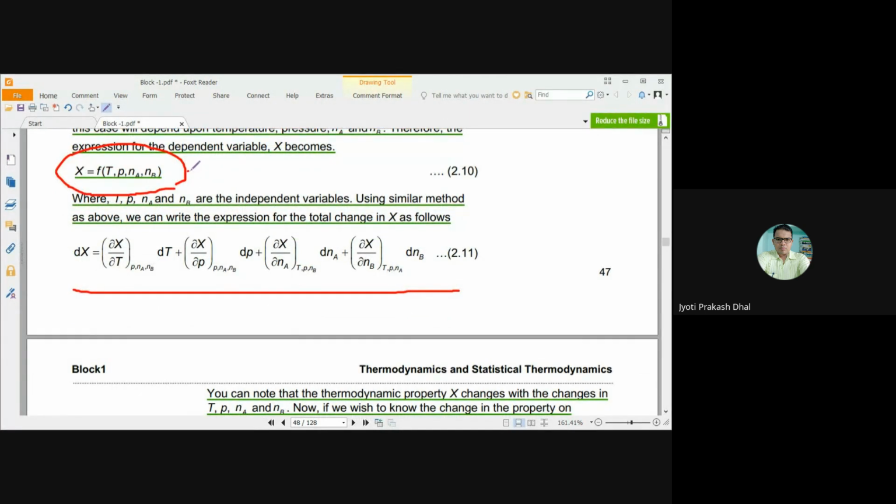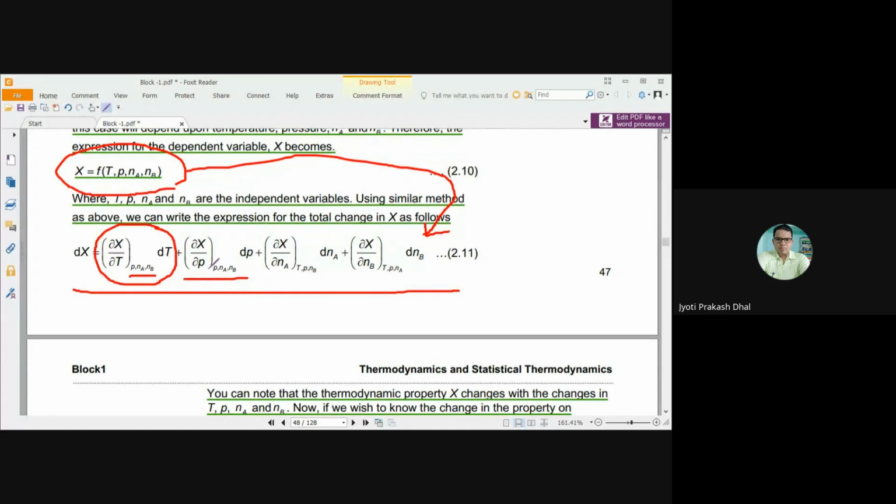If we use the same differential form, dx equals del x by del t; individually you have to take the partial derivative keeping all the other three variables constant. So this is the change in X with respect to temperature, keeping pressure, Na and Nb constant. The second term is the change in X with respect to pressure, keeping temperature, Na and Nb constant.